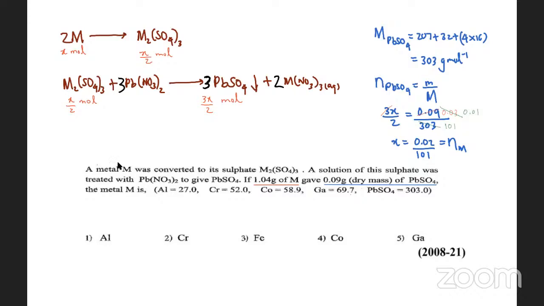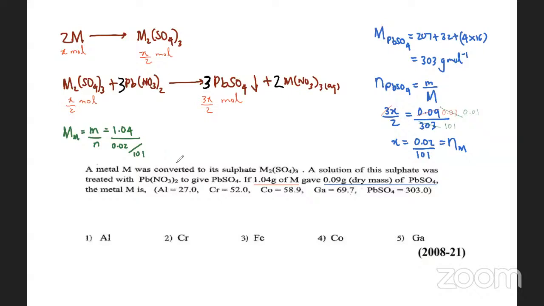Next, the last step. We know the mass of M now. The mass of M is how much? 1.04, isn't it? So we can find out the molar mass. Molar mass of M means mass per mole. Mass of M is 1.04, and the number of moles is 0.02 over 101.